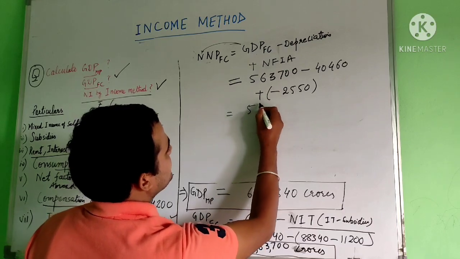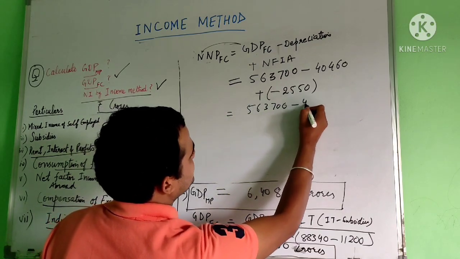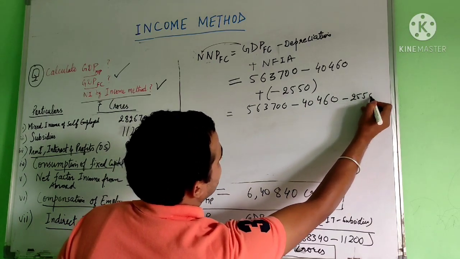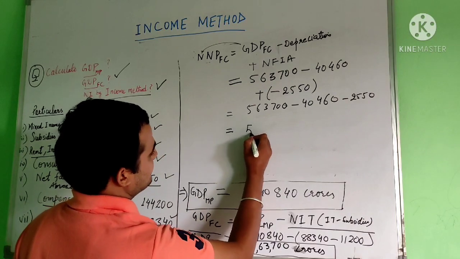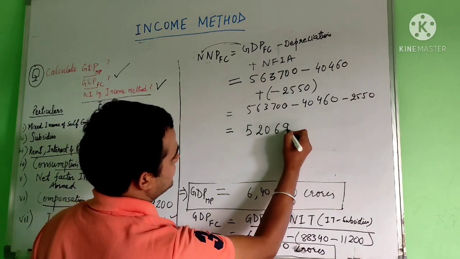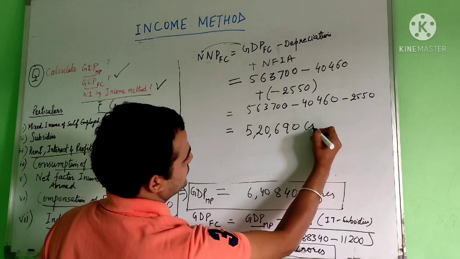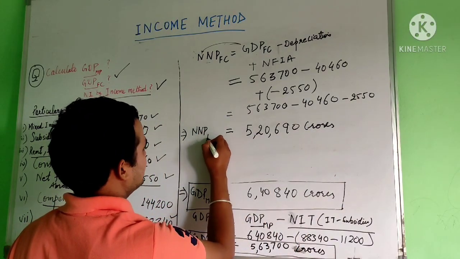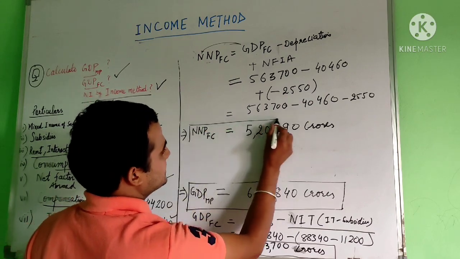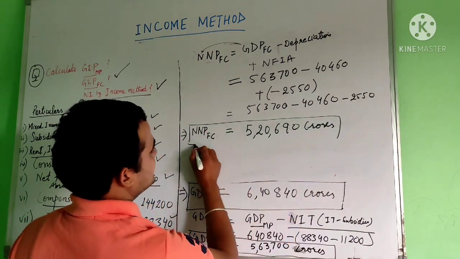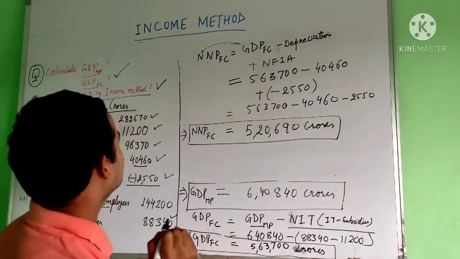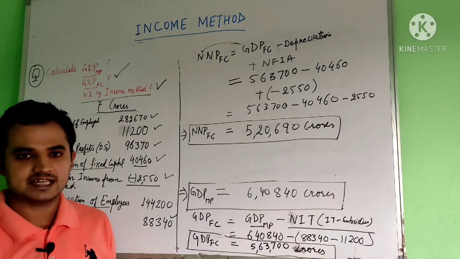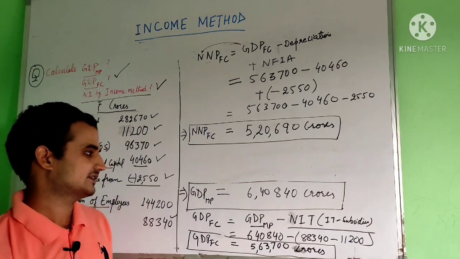So it is 563700 minus 40460 minus 2550, which is 5,20,690 crores. This implies NNP at factor cost is equal to 5,20,690 crore. So this is how we can calculate national income through the income method.